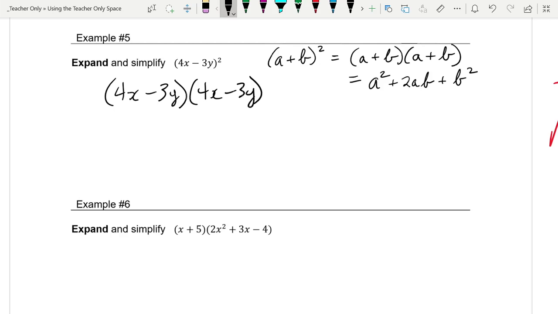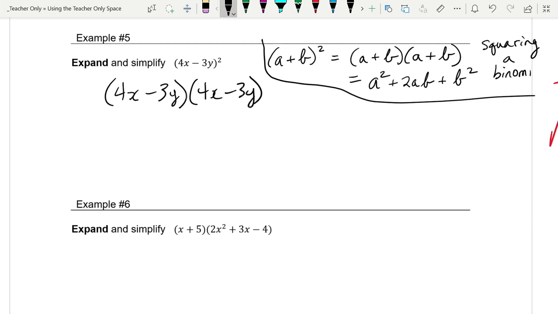So let's see if we can follow that pattern. You could put a little note on this. We call this squaring a binomial. You guys know what I mean by binomial, right?